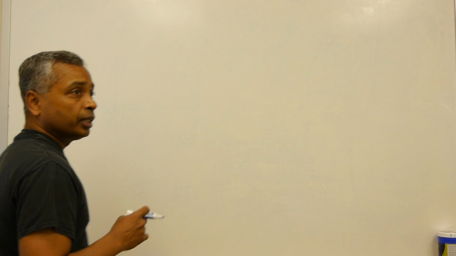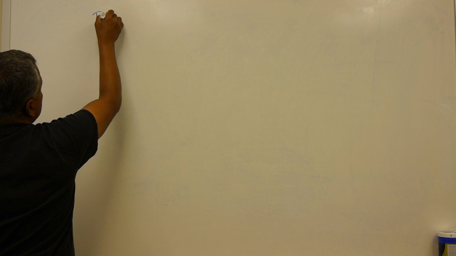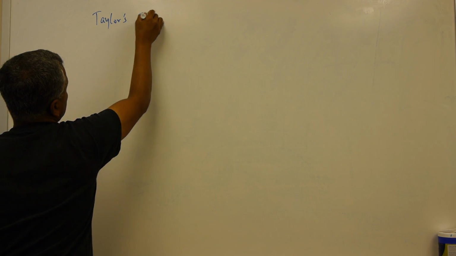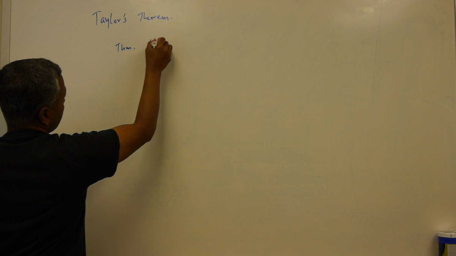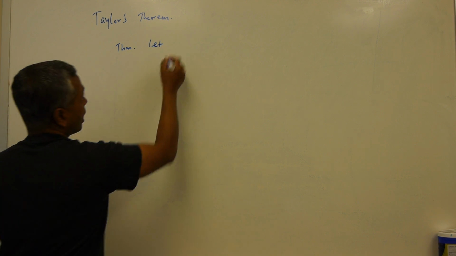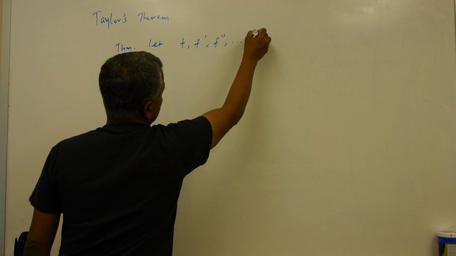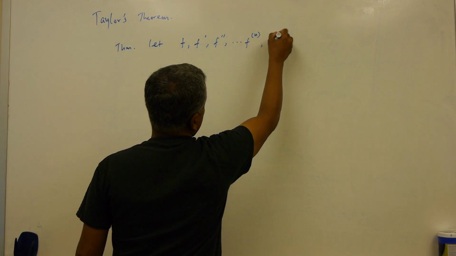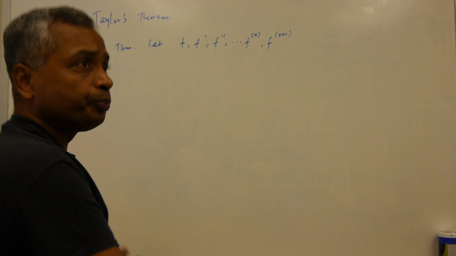All right. So the Taylor series, as you might have seen in your high school classes, follows the Taylor's theorem. Okay, so you're given a function f. The theorem is as follows. Let the function f prime, f double prime, these are the n+1 derivatives of the function.